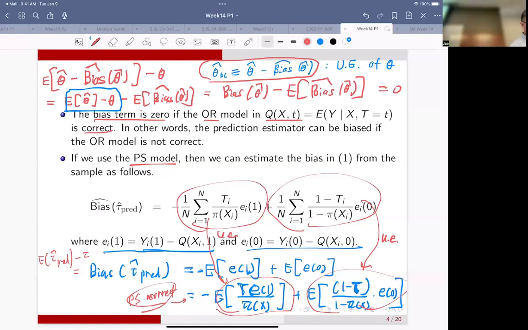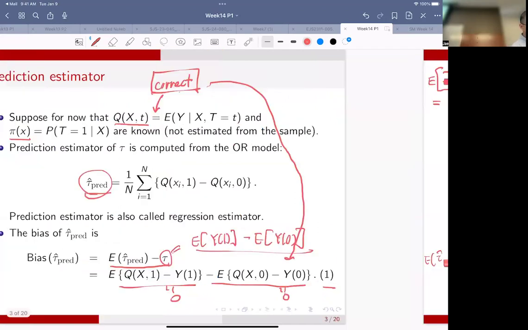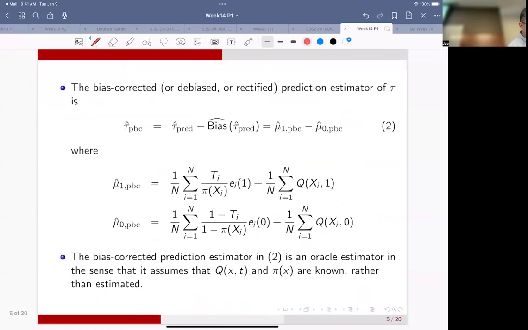So we have an initial estimator here, and then we have an estimator of the bias, and then you can eventually construct the bias-corrected prediction estimator. So the prediction estimator minus the bias correction gives something, which can be written as this. This part is just algebra, right?